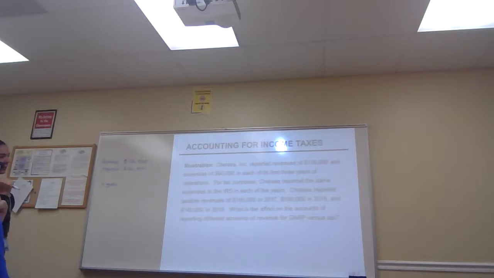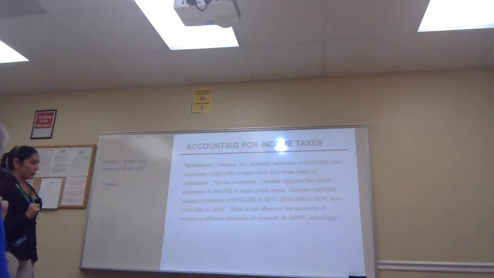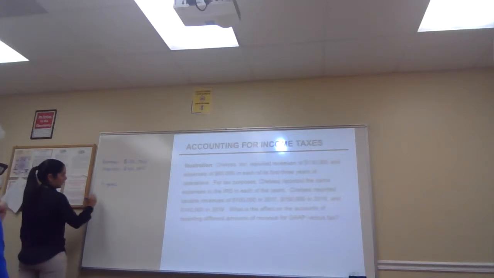For tax purposes, Chelsea reported the same expenses to the IRS in each of its years. So listen to what it says when it reported to the IRS. Chelsea reported taxable revenues of $100,000 in 2017.